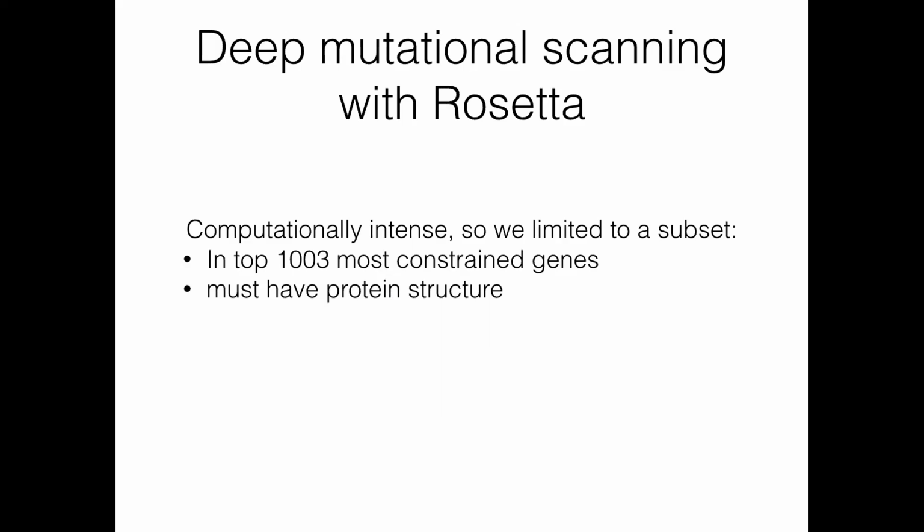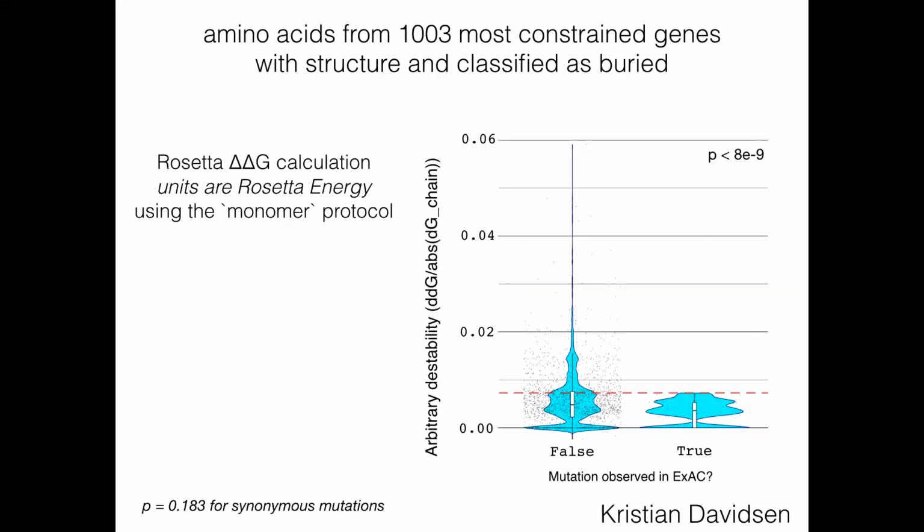We did this with the top 1,003 most constrained genes in the paper of Kaitlin Samocha, and we subsetted them to the ones that have a protein structure. We've got this interesting figure that Christian Davidson, a master's student from the Technical University of Denmark, has generated.